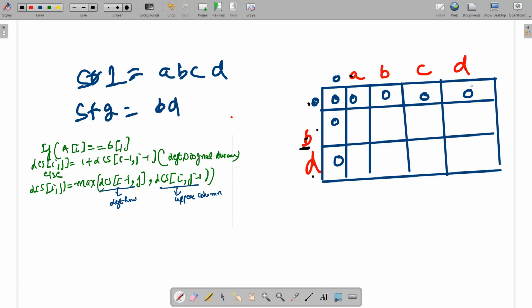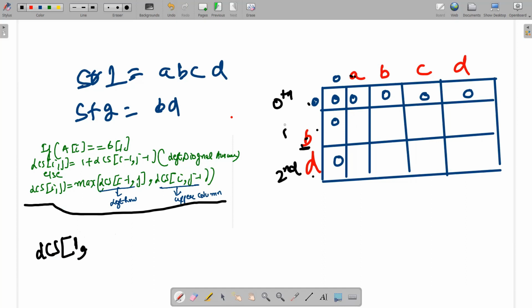So we have to compare this B and this A. Again, this is clearly a case of the else part. So what we have to do is take the maximum of LCS of i minus 1 comma j. Now, if I have to calculate this value, technically that would be LCS of 1, 1, where this is the zeroth row, this is the first row, this is the second row.